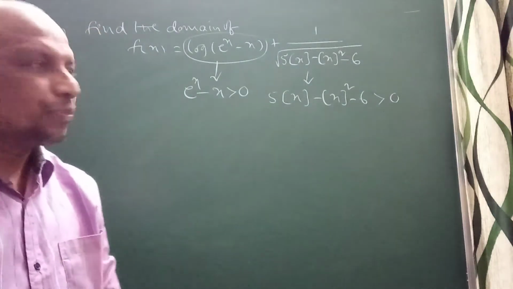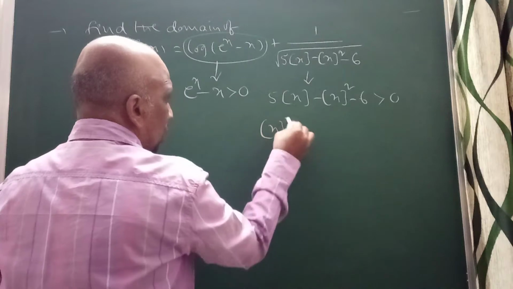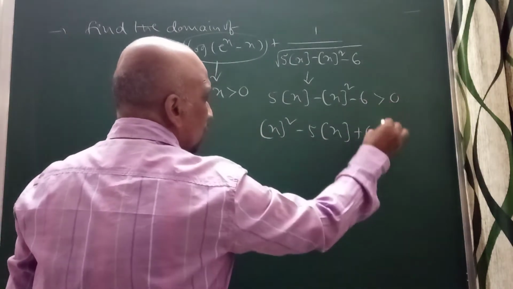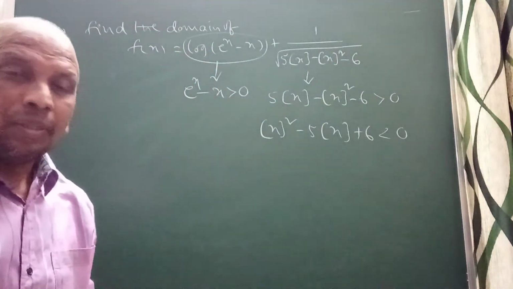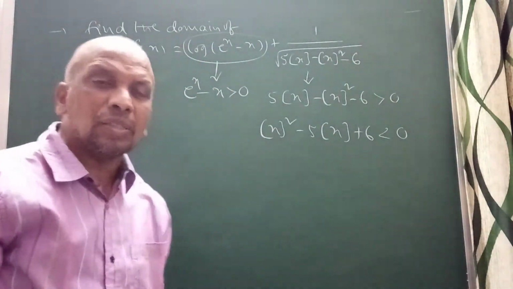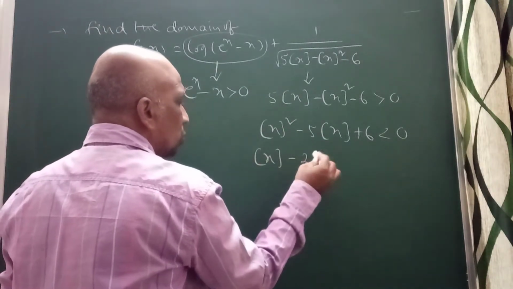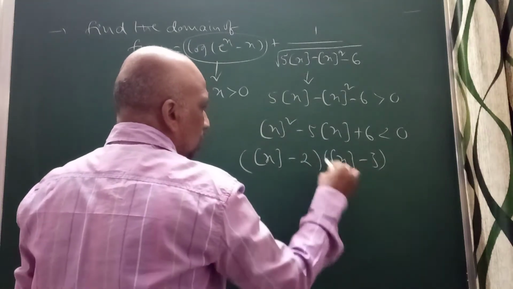Now, multiplying by the negative, you get [x]^2 minus 5[x] plus 6 less than 0. You got it like this. Now think about the factors of this. The factors are ([x] minus 2)([x] minus 3) less than 0.